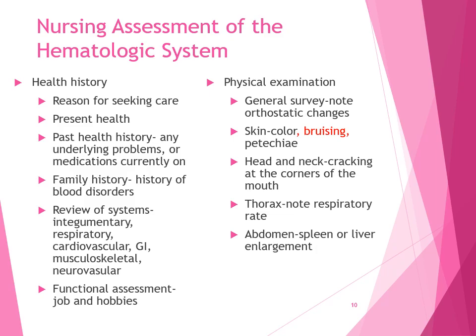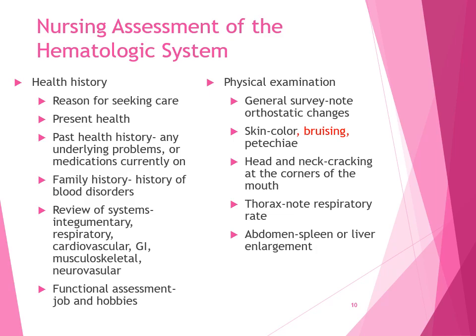Look at their head and neck. Is there cracking at the corners of their mouth? Look inside and their tongue. We're going to be talking about some disorders that might cause you to pause when you look at these areas. Also, notice their chest, their respiratory rate. Are they tachypneic? They might be because they're trying to get more oxygen in, breathing faster because they don't have any hemoglobin carrying oxygen to their organs.